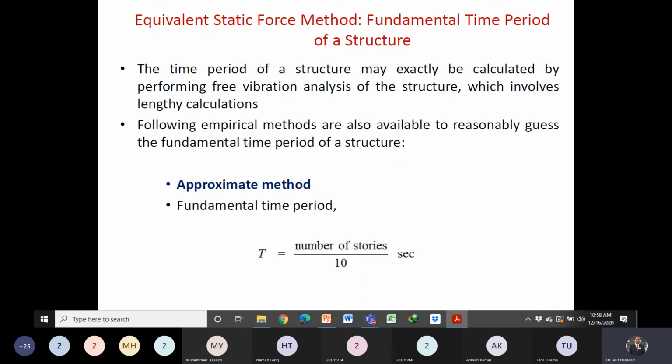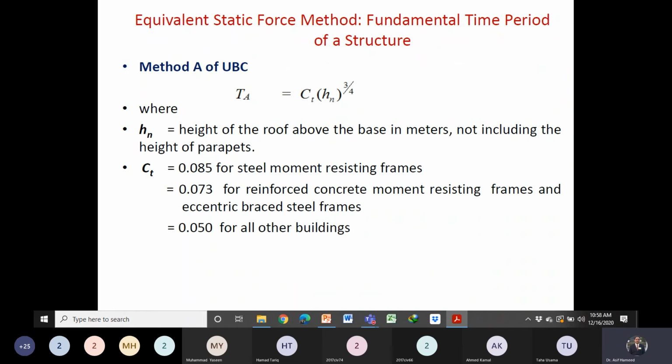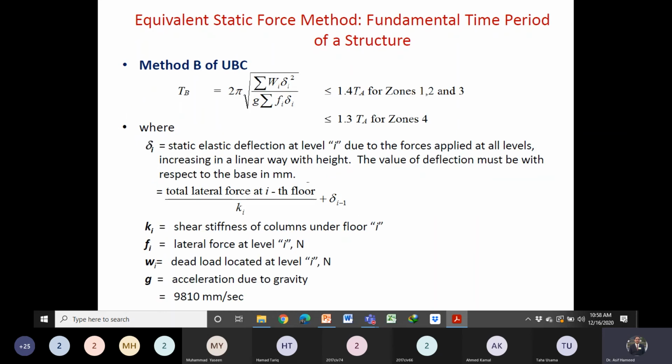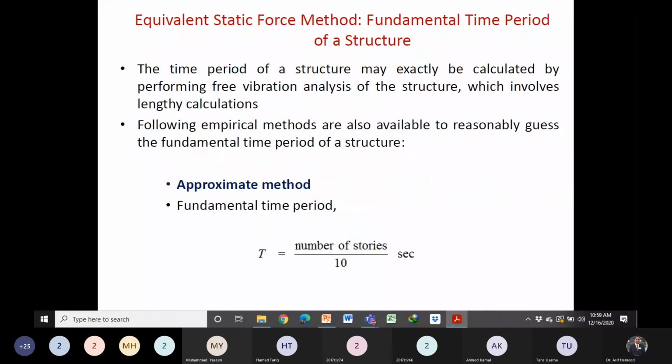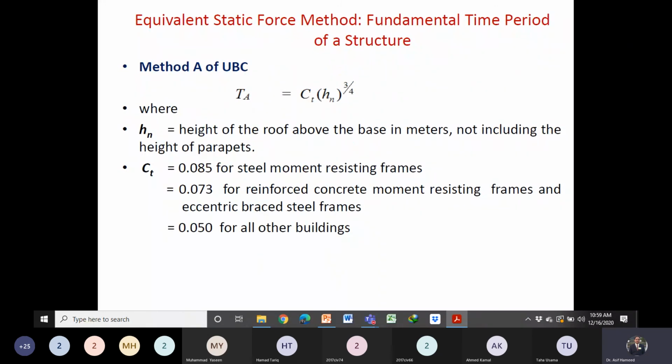Okay, so code gives us some empirical formulas. This is the simplest approximate method to calculate the time period. And then we have two methods to calculate the time period: method A of UBC and method B of UBC. And this method is also very simple. In this method, we simply need the total height of the structure from the base.